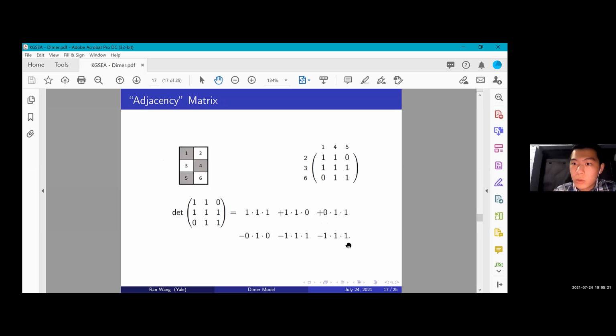All the non-zero terms here with absolute value 1, which means it's either 1 or -1, are valid pairings. So this counts the number of domino tilings.